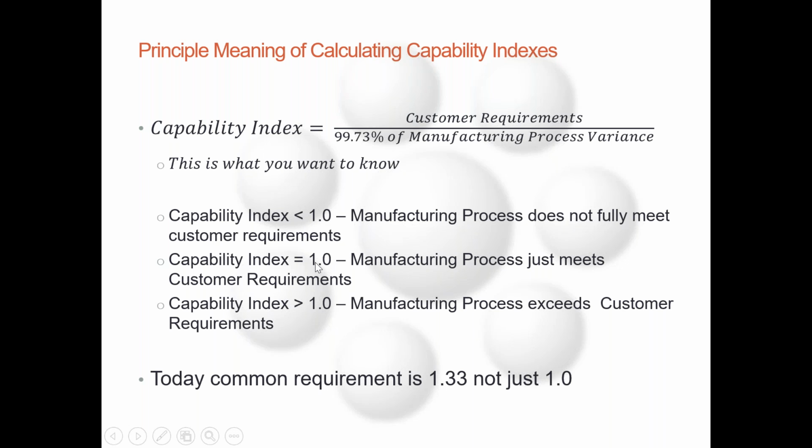If you're exactly at 1, you're just meeting the customer requirements. And of course, if it's bigger than 1, then you're exceeding the customer requirements and you're quite happy to ship product. Notice I had a comment down here that instead of 1.0, shown here, a lot of people are now trying to meet 1.33. And you'll see that's a much harder target to meet.